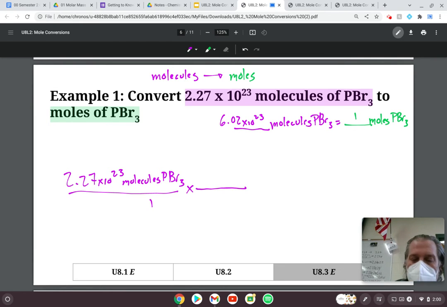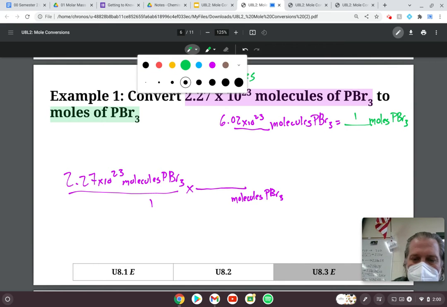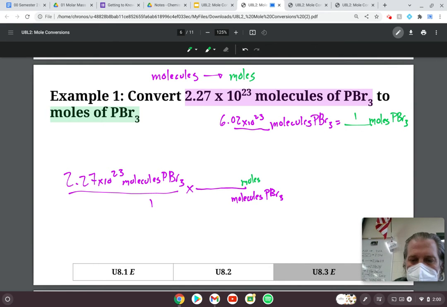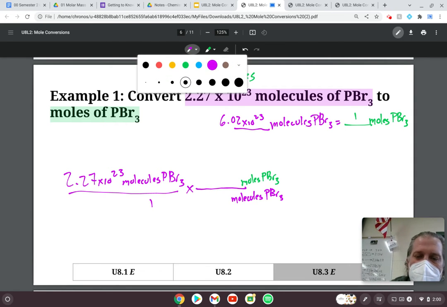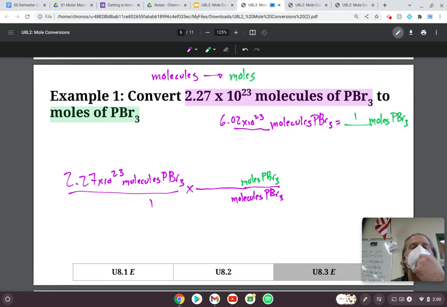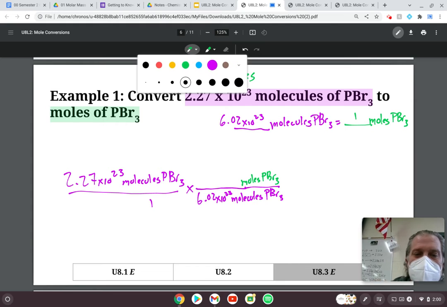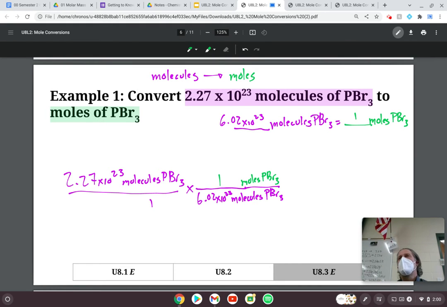So I'm going to put molecules on the bottom and moles on the top. And I'm going to go and fill in my values. So 6.02 times 10 to the 23rd molecules, as we've said before, is equal to 1 mole.